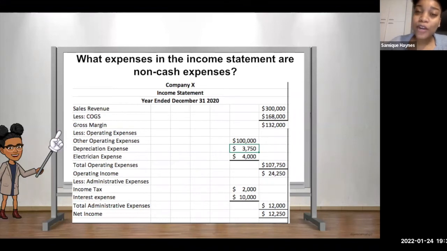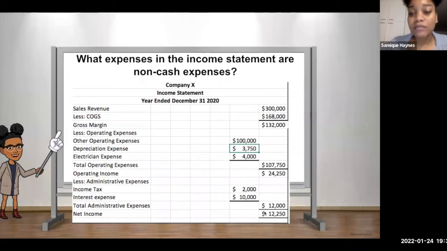So think about our cash flow statement. We're only looking at things that affect cash. Let's say I want to produce a cash flow statement.